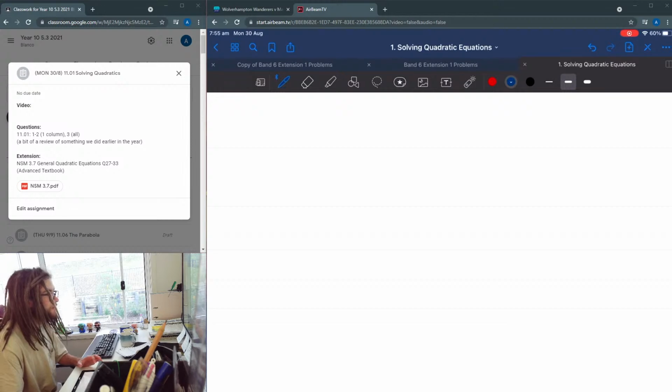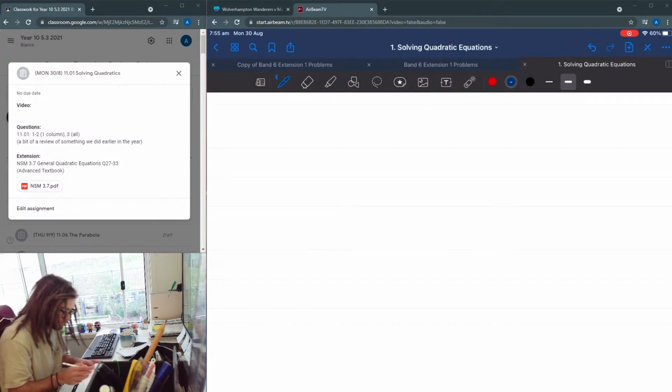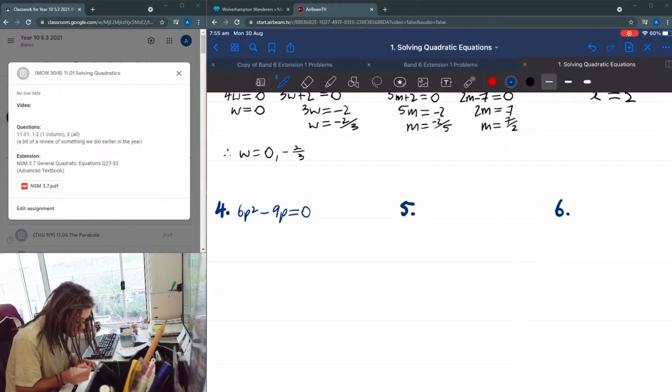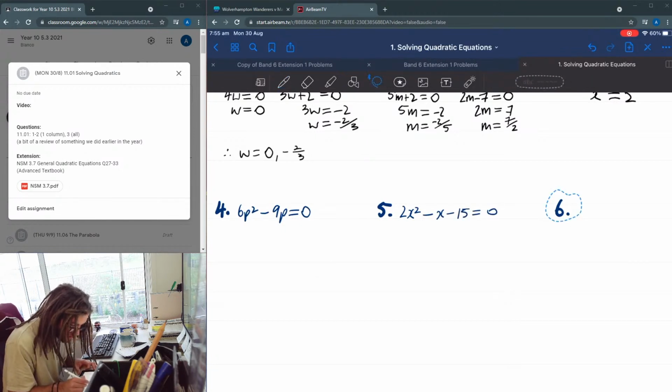So there's a couple of common mistakes I do want to go over when solving things like this. And I guess this also comes down to an ability to remember all our different ways that we factorize.